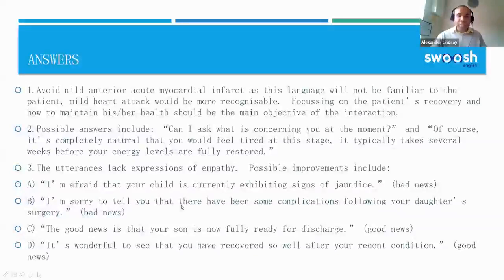And for C as well, here are some ways that we could express the bad news and the good news for the scenarios that were related in exercise 3. Those are some suggestions, but the examples that you came up with in the group were also very much appropriate. So that's taken us to the end of today's class.